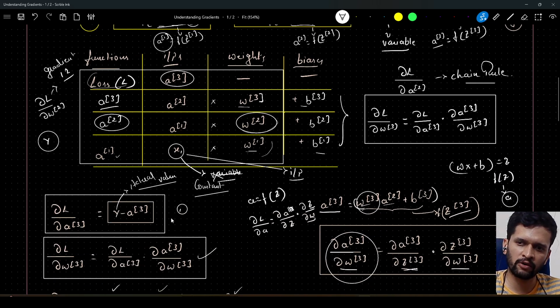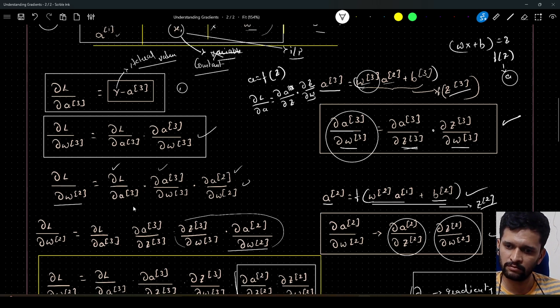So in order to calculate the effect of the rate of change of W2 and W1 on loss, what do we have to do? We have to multiply the effect of the rate of change of A2 on loss, the effect of change of weight 3 on A3, multiply the effect of change of weight 2 on A2, and finally multiply the effect of change of W1 on A1, right?